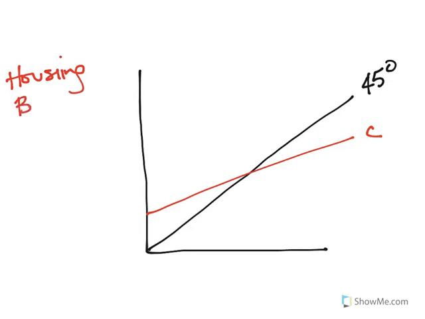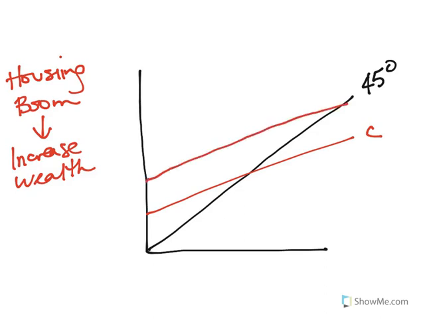so I'll say housing boom, in other words, people's values in their house were increasing dramatically. You can buy a house and within a year you may have had $100,000 of equity. So during the housing boom, that caused an increase in household wealth. So initially, it would have caused autonomous consumption to increase. So it would have shifted up like so.